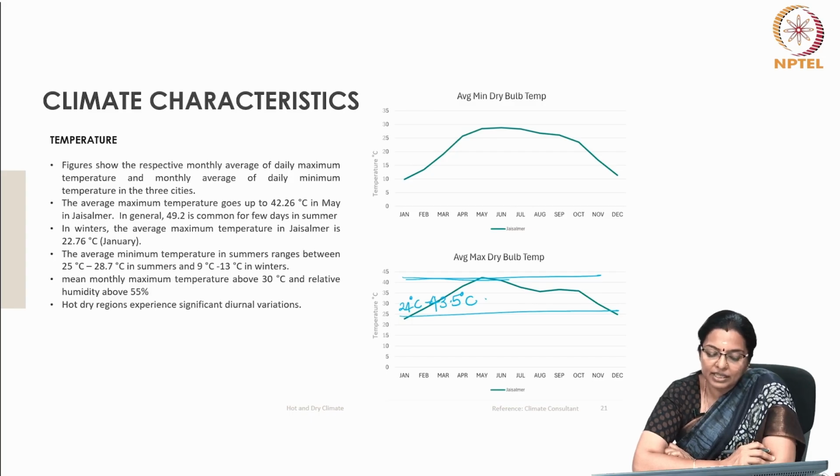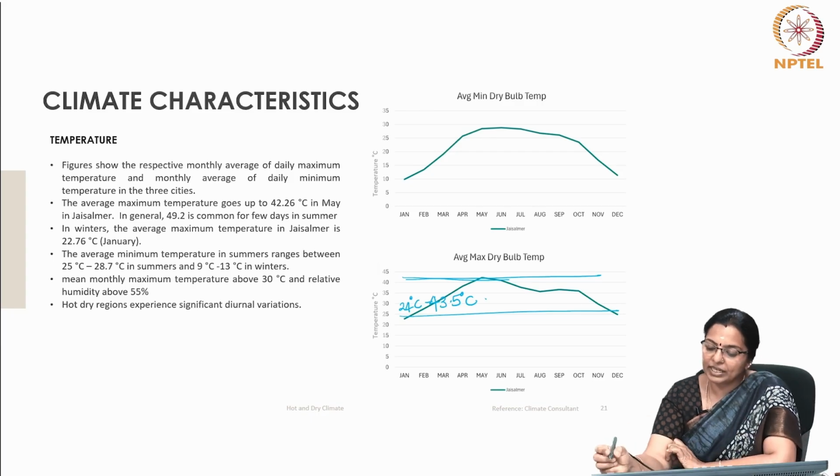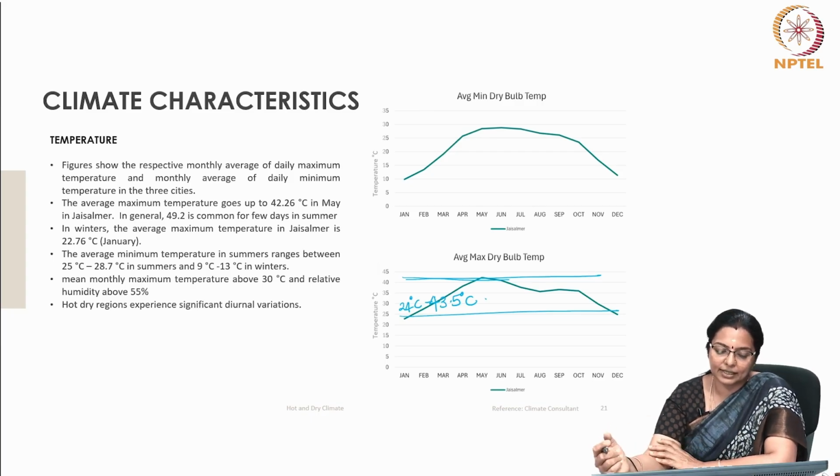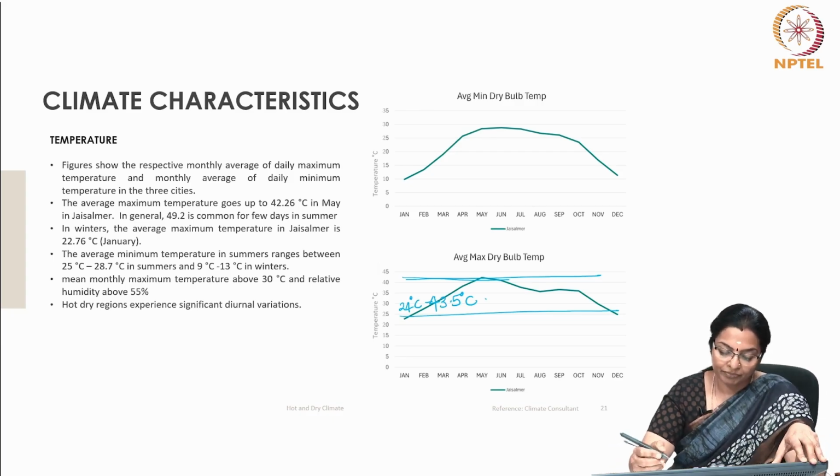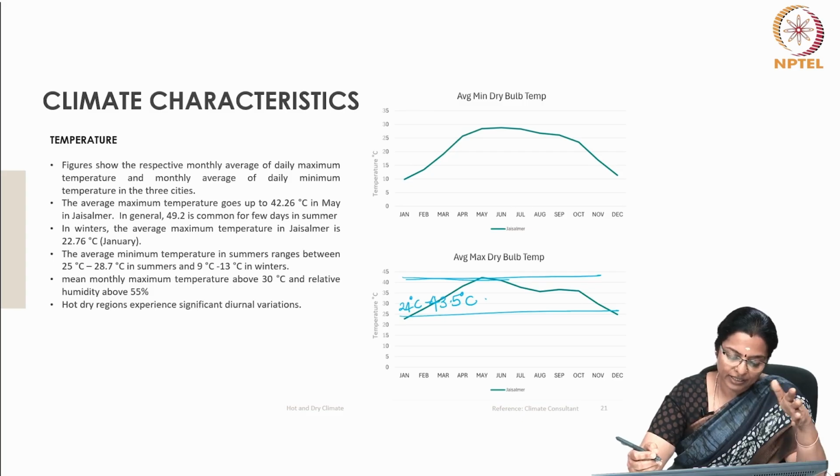In winters, the average maximum temperature in Jaisalmer can reach 23 to 25 degrees centigrade. The average minimum temperature could range between 25 to 28 degrees in the summer period.